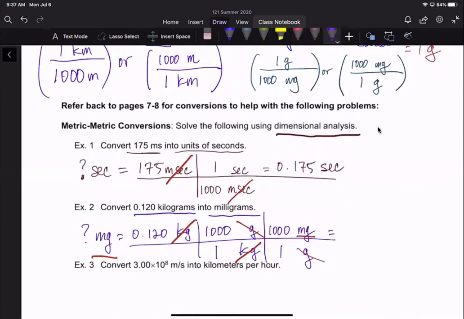So I'll put that into my calculator, and I will keep that 0 because it's shown here. It would not be shown there if it wasn't significant. So that gives me 1.20 times 10, and it's just a big number. I need to show the significant figures, so I'm going to go ahead and put it into scientific notation: times 10 to the 5 milligrams.